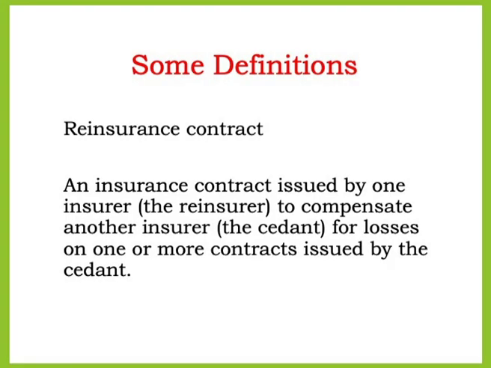Then you have another definition, the term reinsurance. This particular insurance company, which is called the insurer, who is actually giving compensation for damages, should also receive some kind of protection from somebody else. So reinsurance is basically an insurance contract entered into between two insurers, one company and another company.